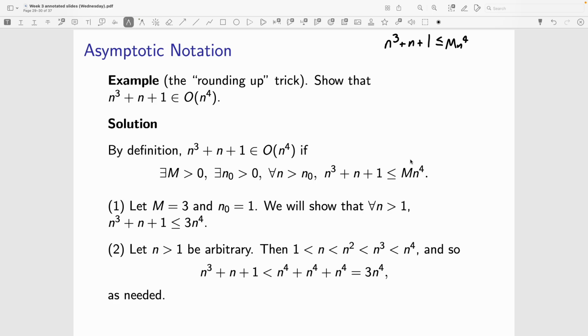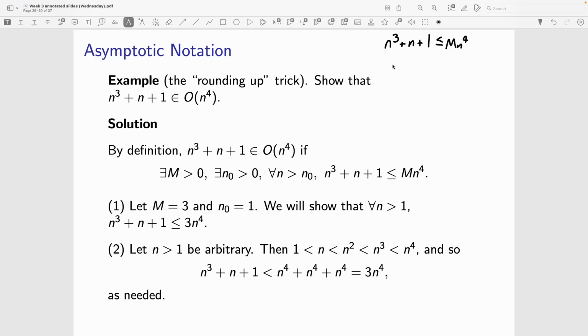You might recognize the rounding up trick from when we were just doing random arbitrary inequalities, and that's a good thing. We were preparing ourselves for big O notation the entire time, it turns out. So recall that the rounding up trick involves taking a complicated side of the inequality and then choosing n large enough that we can just simplify it, find something that exists in between these two sides of the inequality.